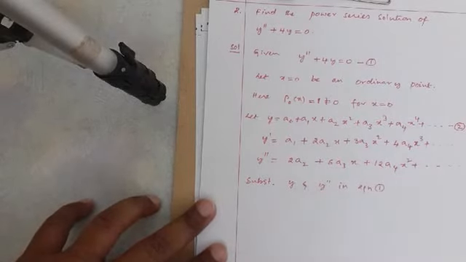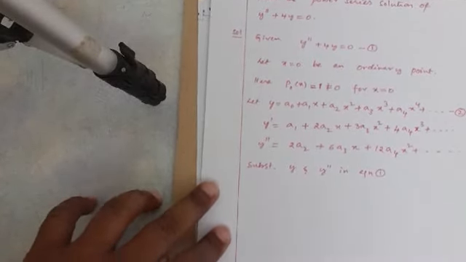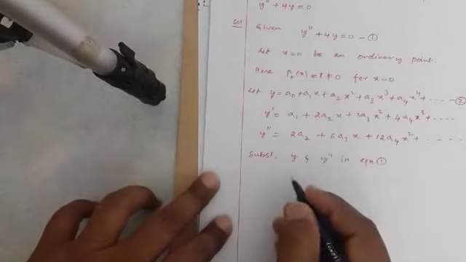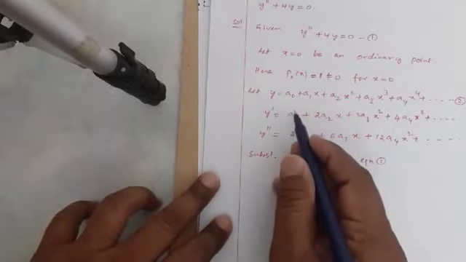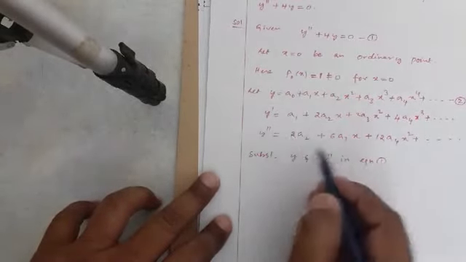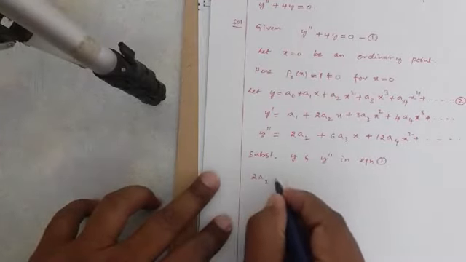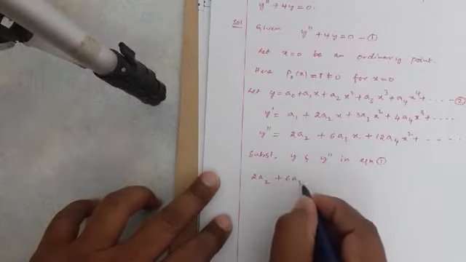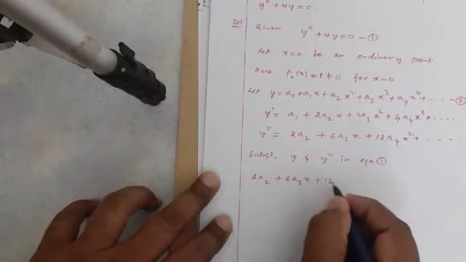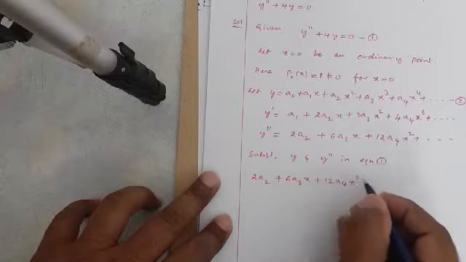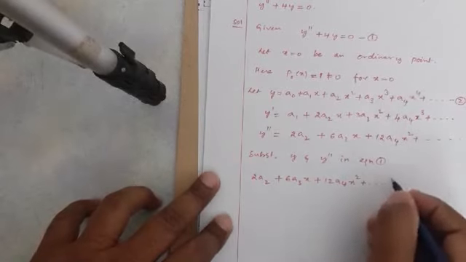When you substitute y and y'' in equation 1, the equation becomes, here we want y''. y'' is this one, let us substitute here: 2a2 + 6a3x + 12a4x² + and so on. Close the bracket.